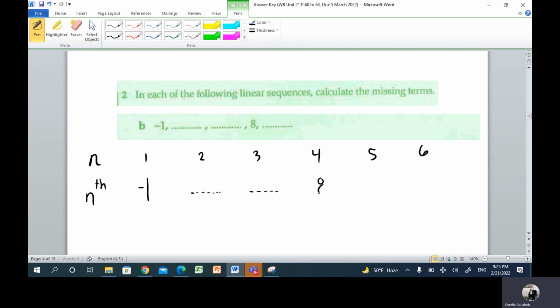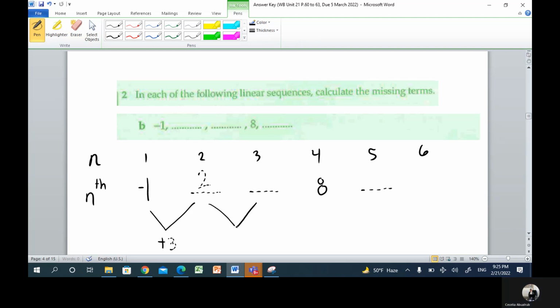The fourth term is 8, and the fifth term is unknown as well. And like I said, it's always by trial. So if you say -1 plus 3, the answer is 2.